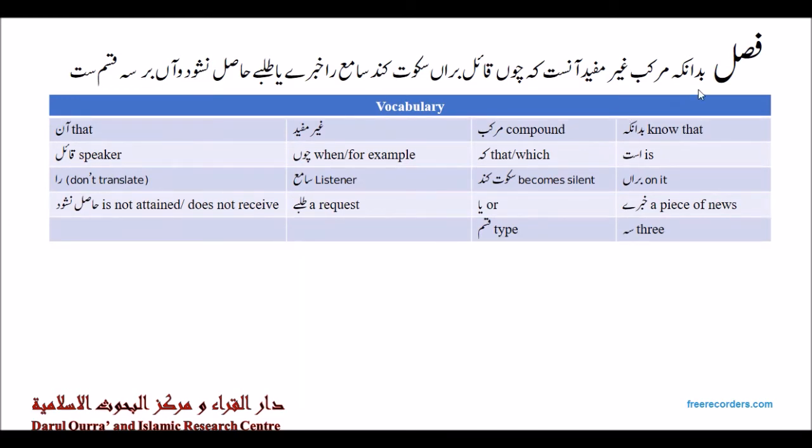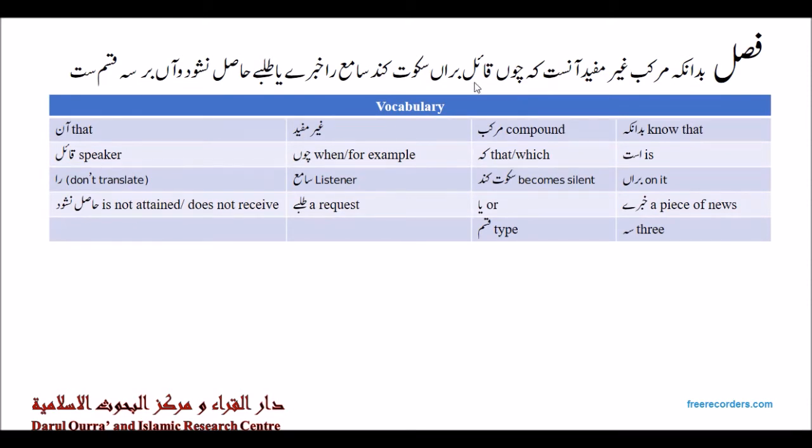So how do we translate that? He says, Bidan ke, know that. Murakkab Ghair Mufid, the Ghair Mufid compound. Aast ke, this is that. Chu, when. Qa'il, the speaker. Bara sukut kunad. We translate sukut kunad first and then bara.